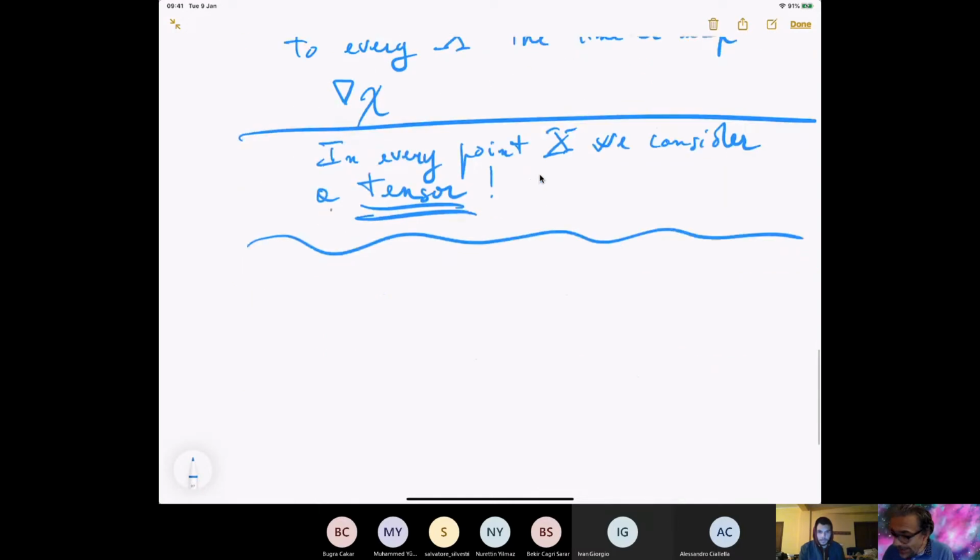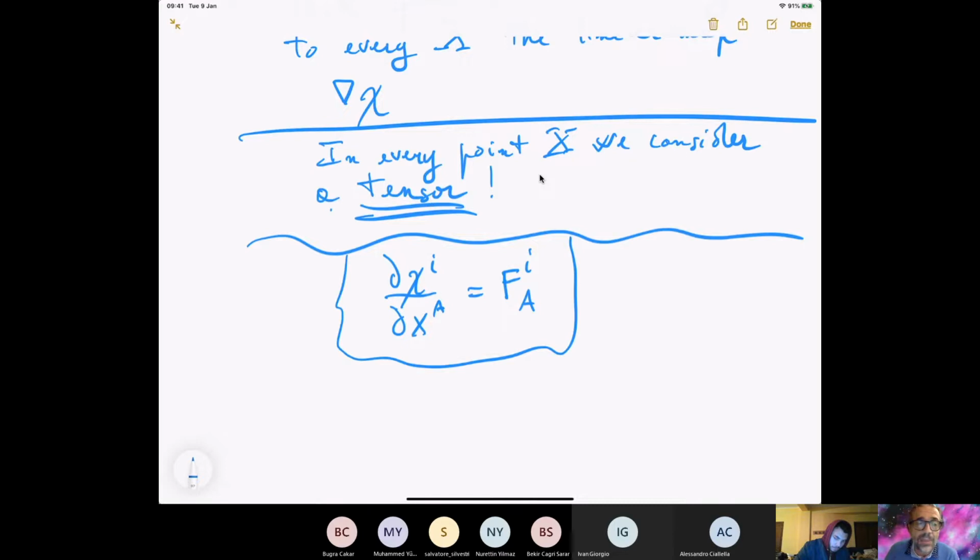How did we get this tensor? Calculating the partial derivative of the functions chi_i, and we have called this F^i_A. Now, if you are somebody who hears me carefully, you immediately should ask yourself why you are systematically placing the index i at the top and the index A at the bottom.